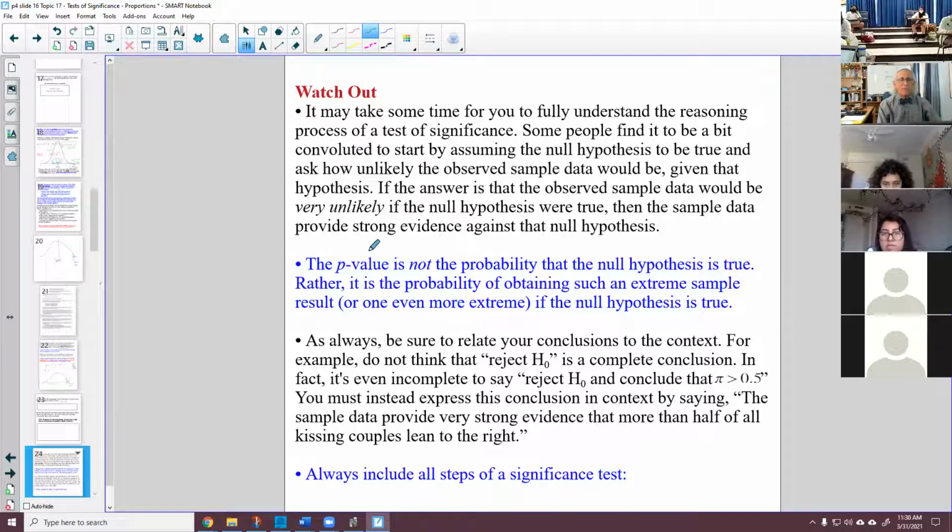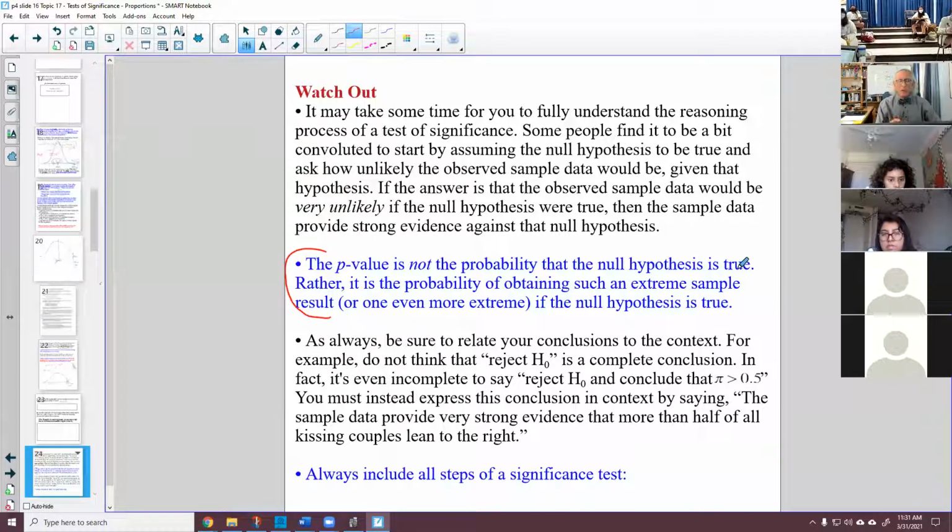Okay, this is one of these double negative sentences that we're going to use. The p-value is not the probability that the null hypothesis is true. That's where people get confused. The p-value is the probability of obtaining the sample that we got if the null hypothesis is true.